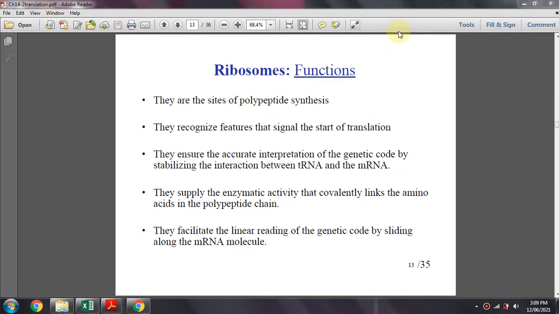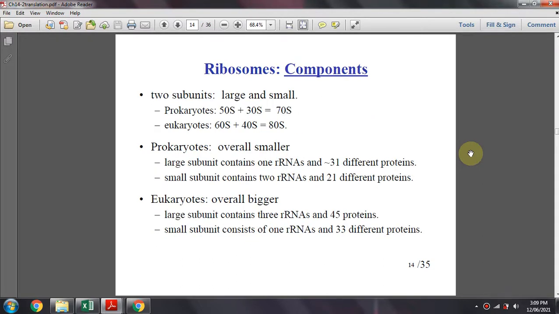They supply enzymatic activity for synthesis of the polypeptide and for forming peptide bonds, and they facilitate the linear reading of the genetic code by sliding along the mRNA molecule. They read the codons present on mRNA, walking onto the mRNA and reading each codon one by one.